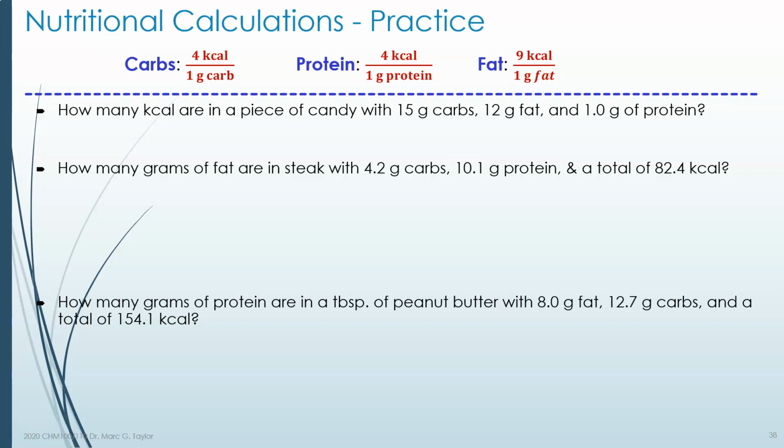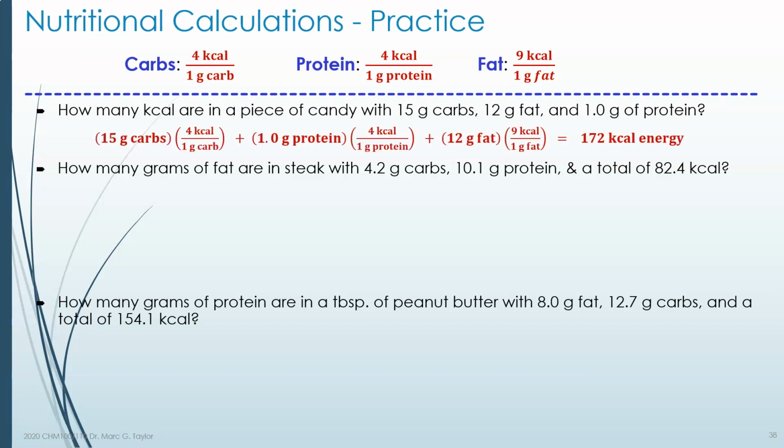And you basically do this problem exactly the same way we did before, making sure you line up the fat with 9 and the carbs and the proteins with 4 or 4. So we see it's 15 grams of carbs times 4 kilocalories per gram of carbs, 1 gram of protein times 4 kilocalories per gram of protein, and 12 grams of fat times 9 kilocalories per gram of fat.